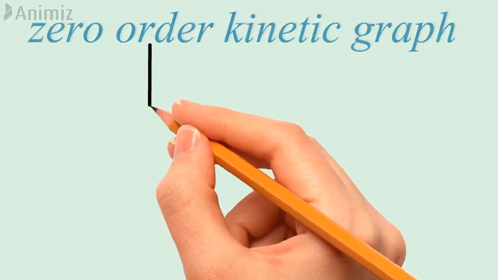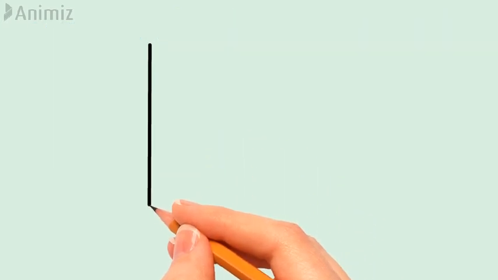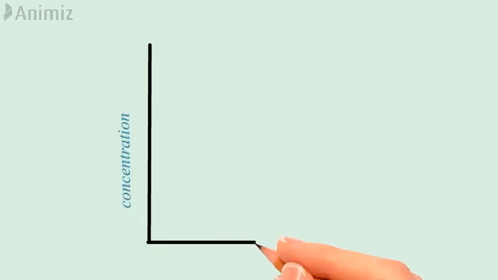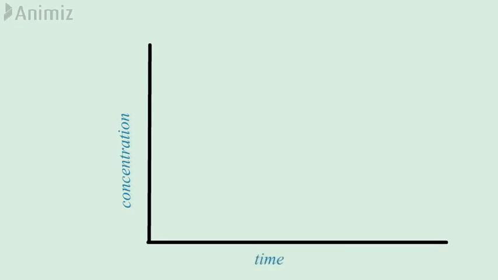Then we can move to the zero order kinetic graph. It can be made by plotting concentration, the dependent variable, on the y-axis, and time, the independent variable, on the x-axis. This is the concentration time graph, or zero order kinetic graph.